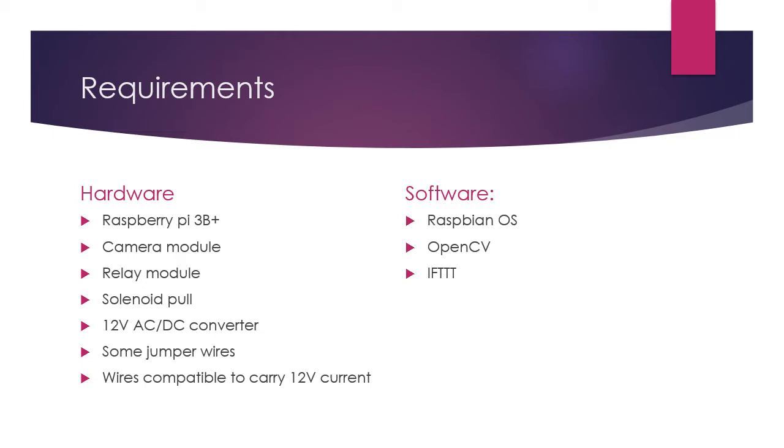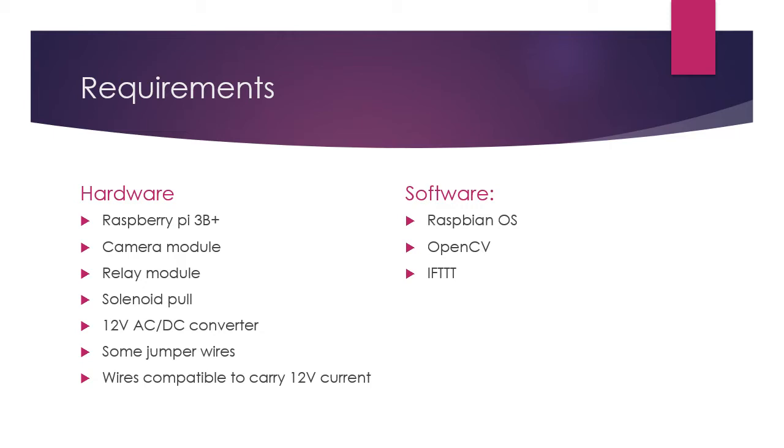And the software which I used in this project is the Raspbian operating system. So this is the operating system which I use in my Raspberry Pi. OpenCV. So OpenCV is a program which is very helpful in case of facial recognition, video recording, and visual effects from the camera module.